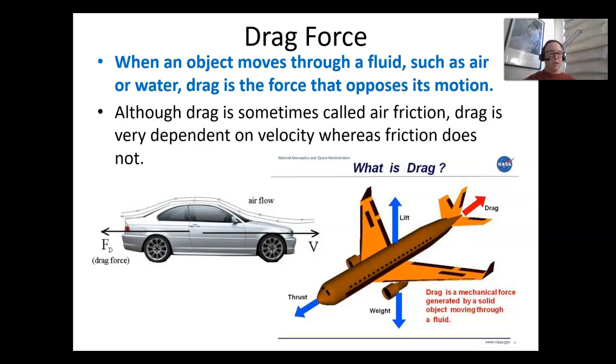That's because the body of the car is bumping into a lot of air molecules as it moves, and each one of those molecules is exerting just a little bit of force back in the opposite direction. But because the car is going so fast and is large enough, it is hitting a lot of air molecules, and those tiny forces add up to a significant amount. Also, an airplane is moving in the direction that the engines are pushing it, but there is a significant drag force that is opposing that motion.